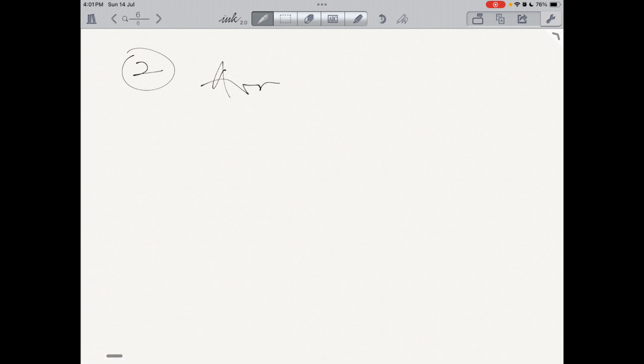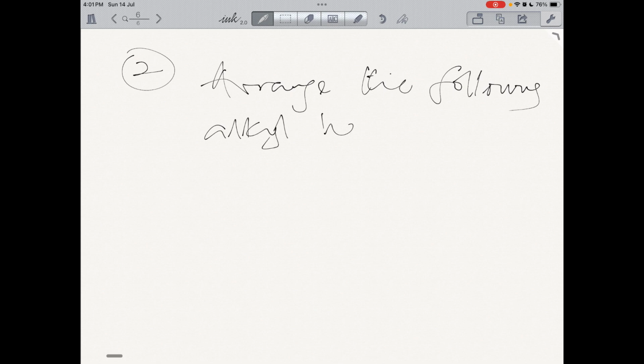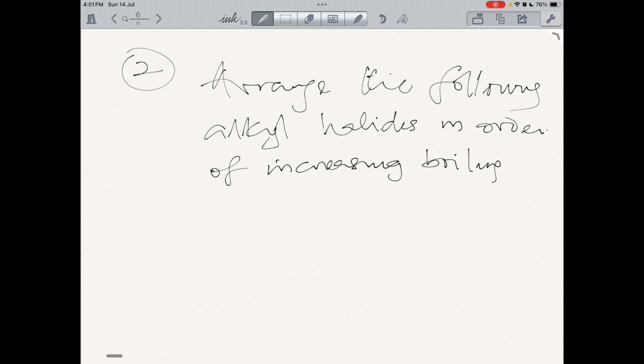Arrange the following alkyl halides in order of increasing boiling points.